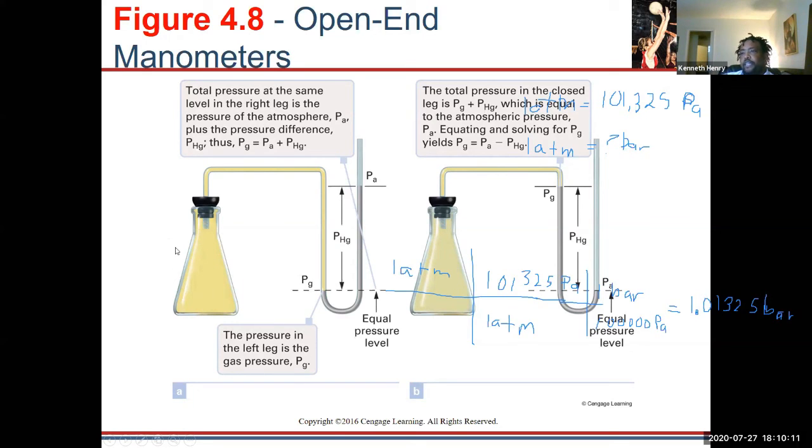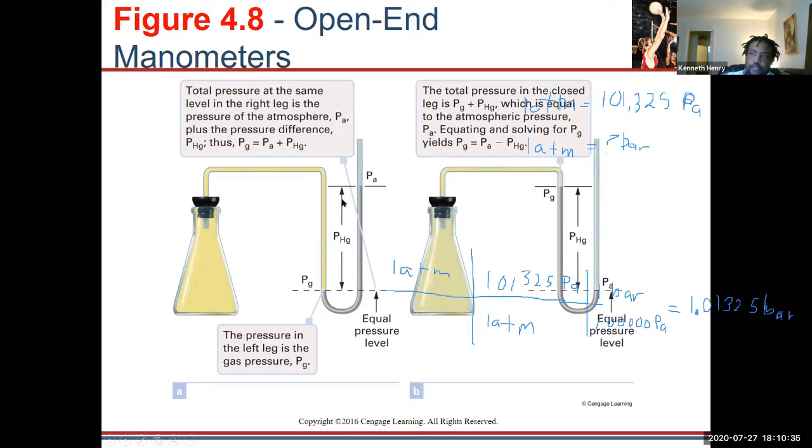If the pressure of the gas is greater than the atmospheric pressure, the mercury in this tube is going to be shifted. As it shifts, you can measure the distance of the mercury from this point to this point.